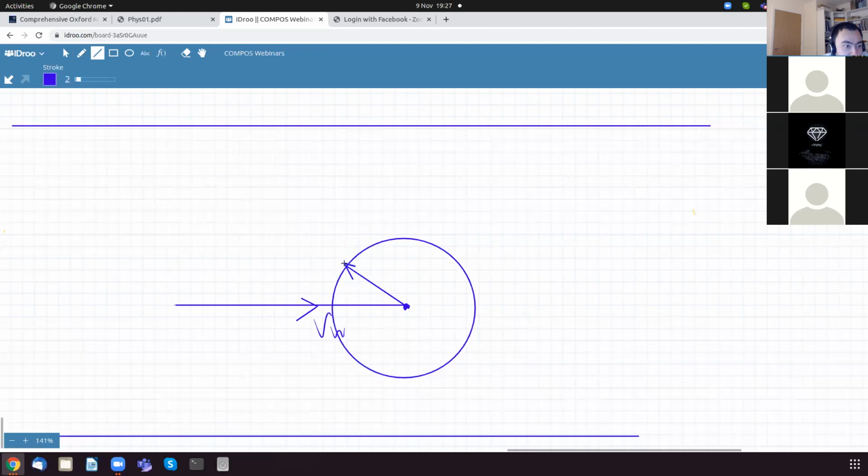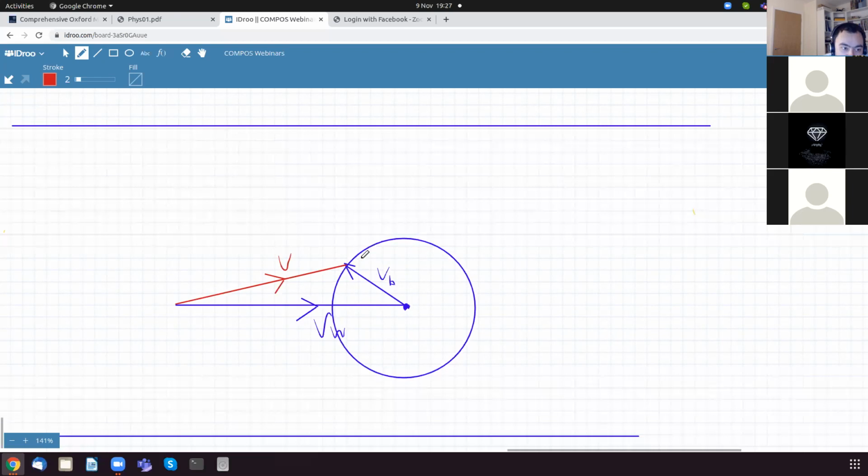This is the velocity of the boat relative to the water. So therefore, this would be the resultant velocity. This is the resultant velocity of the boat relative to the shore.